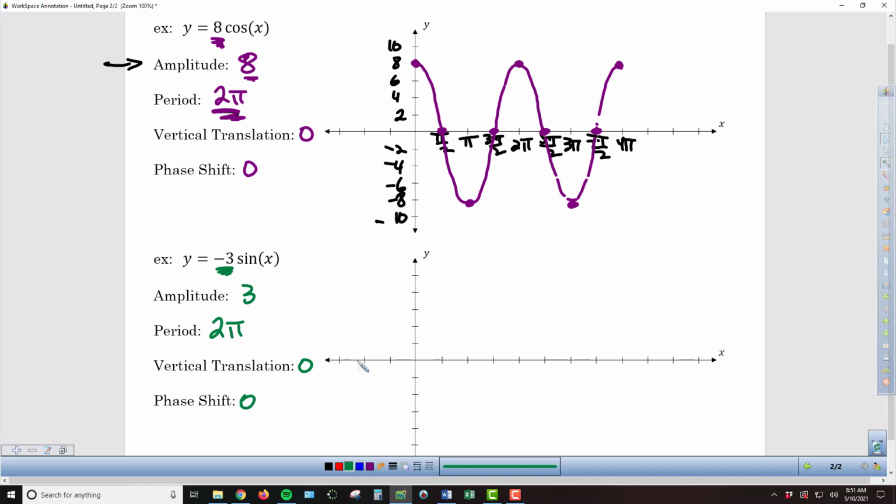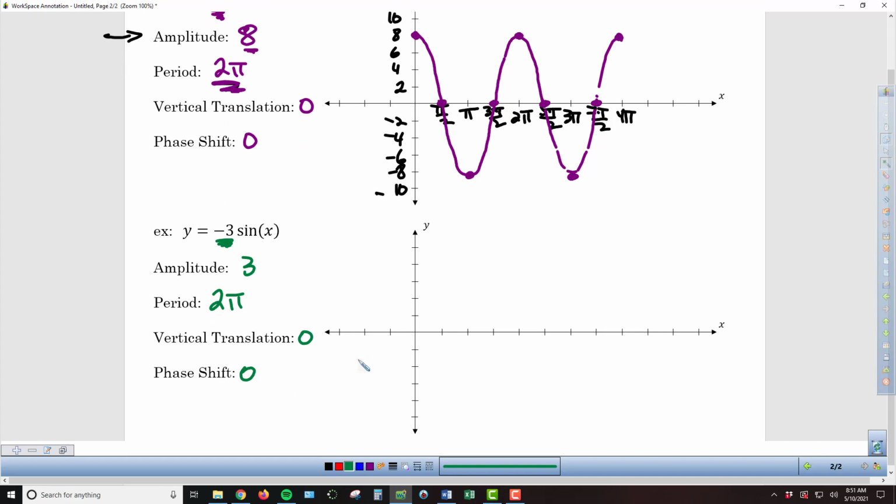So if I scroll down a little bit and start labeling up my x-axis, same way as we have the others. So 2 pi is the fourth tick mark, makes pi the second tick mark. Half of that is pi over 2, so that puts us right here. So then we've got 3 pi over 2 in the middle there, 5 pi over 2, 3 pi, 7 pi over 2, and then 4 pi.